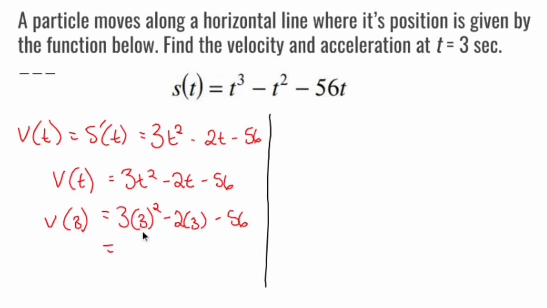Okay, 3 times 3 times 3 is 27, minus 6 minus 5. The negatives combine to make negative 11. Negative 11 plus 27 is 16. So that's the velocity at 3.